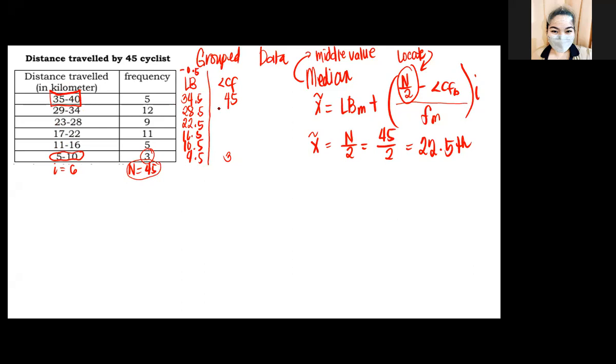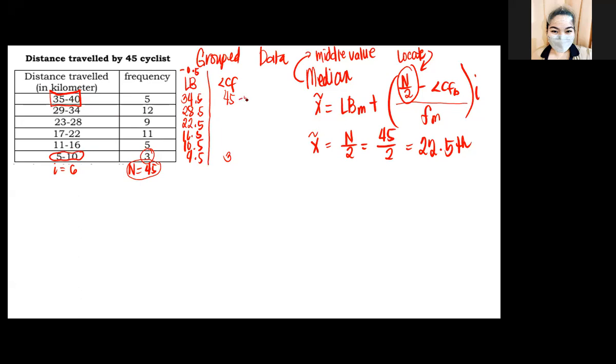Okay? So yun yung magiging basehan ninyo, no? Para hindi kayo magkamali sa pagkuha niyo ng CF, kailangan alam niyo na ito pala yung pinakamataas. So nasa kanya yung 45. At ito yung pinakamababa, kung ano yung frequency niya, yun yung kanyang CF. Then ano na yung gagawin next? Magsisubtract na lang.